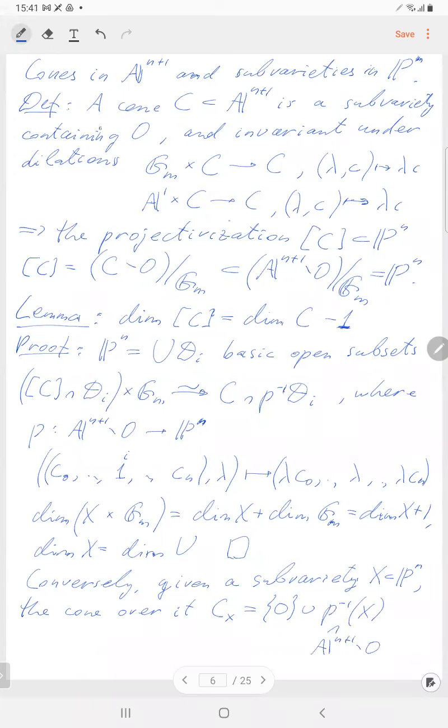Okay. So you say if X is closed, then this cone is closed as well. And in fact, this is a bijection between closed projective subvarieties and closed cones.